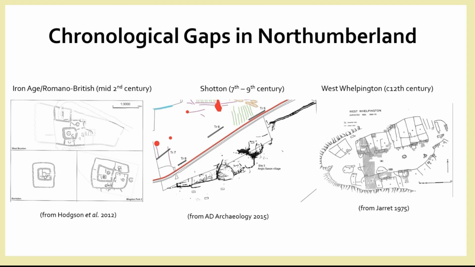So we've got a massive amount of Iron Age activity in southeast Northumberland, characterised by late Iron Age, early Romano-British enclosed settlements, which are rectilinear, usually surrounded by field systems.